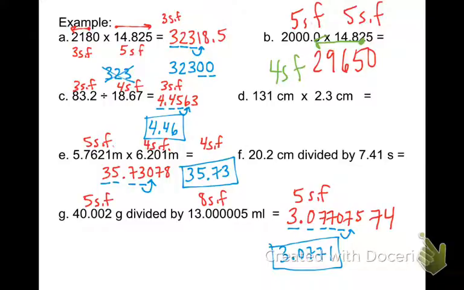The best way of doing that is to add a decimal right here. By adding that decimal, we now have made that 0 significant, and our final answer contains 5 significant figures. So you've got to add that decimal.